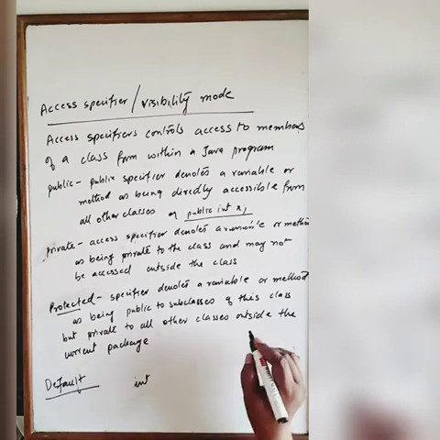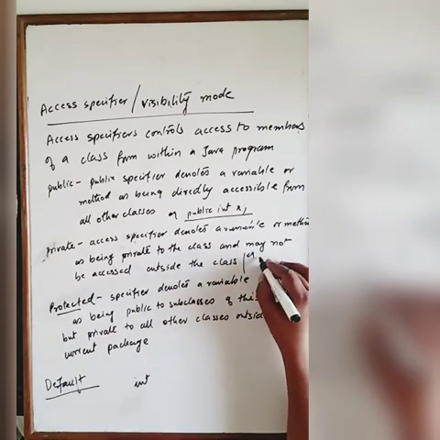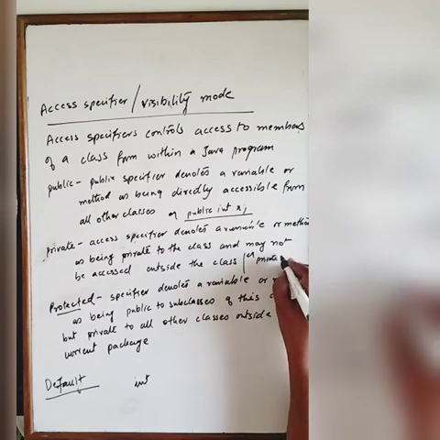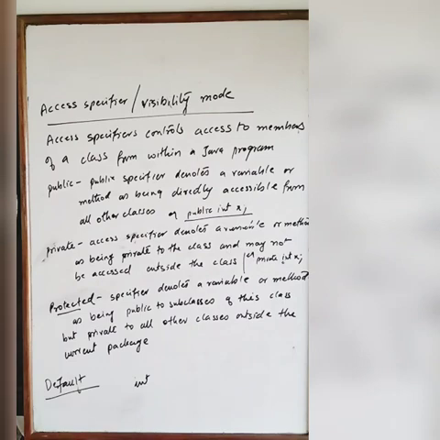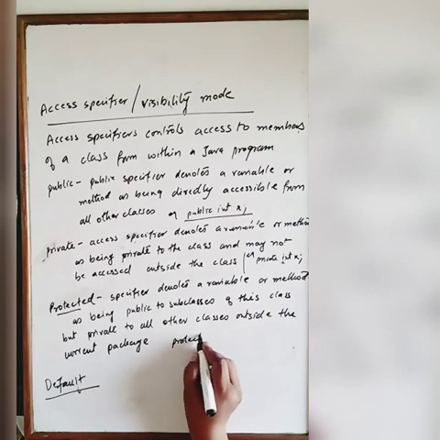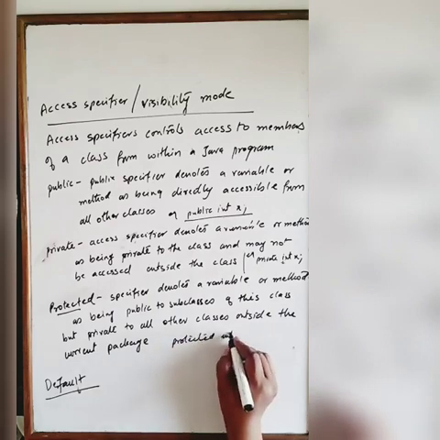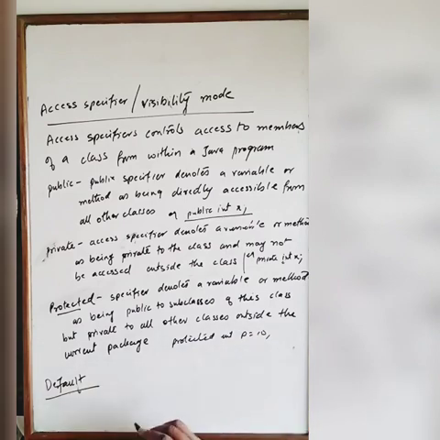For private, you write private before the data type, private int x, in the declaration. In the same way, protected int p equal to 10. And defaults are written simply like that. When no specifier is given, it is treated as the default access specifier.